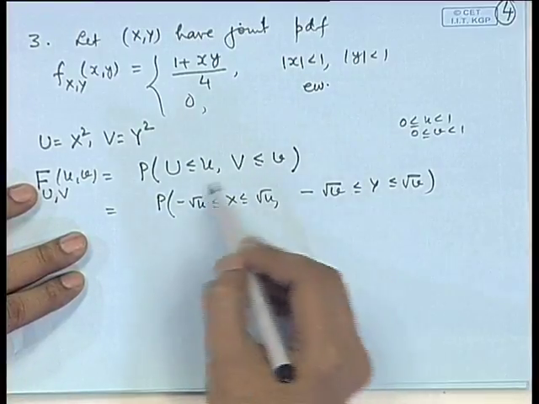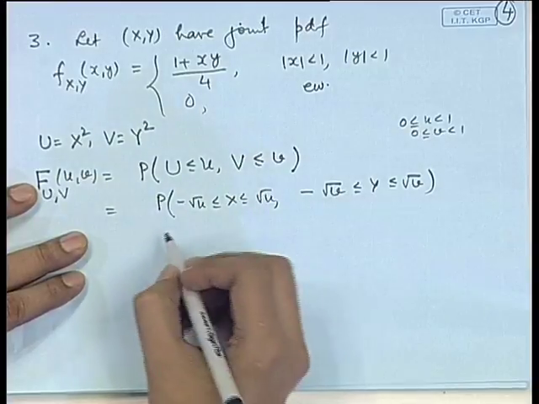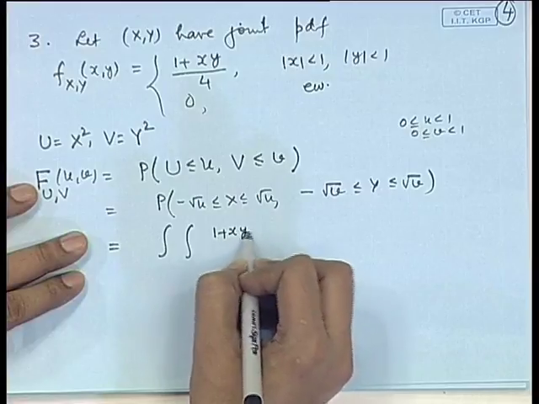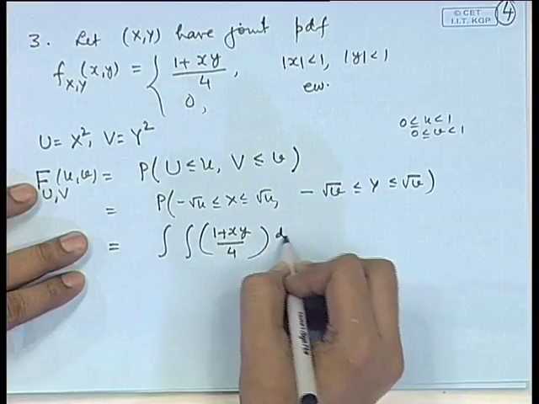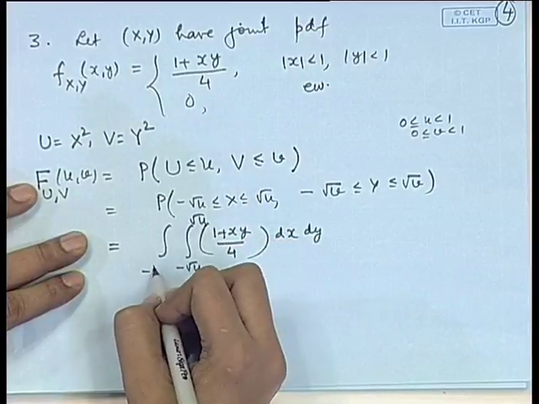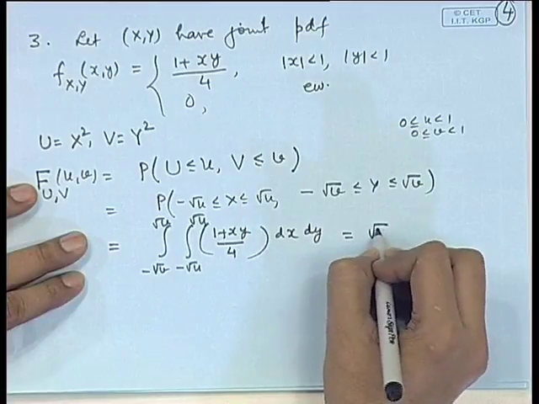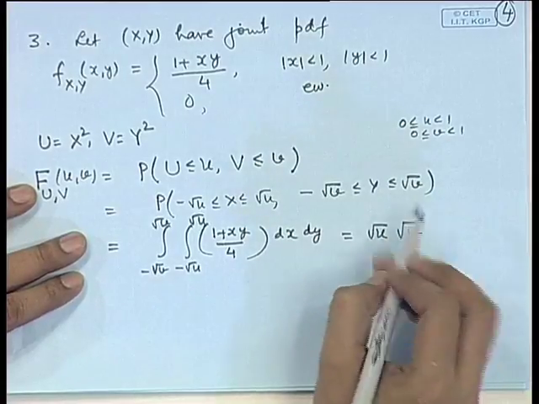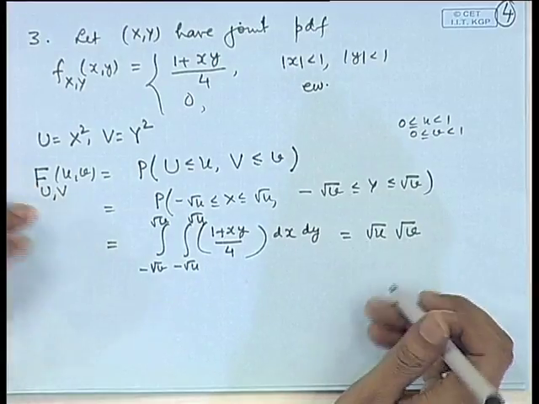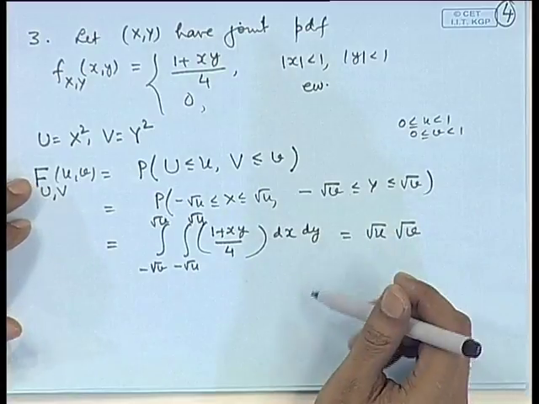So, this is nothing but the integration of the joint density over this region. So, that is integral 1 plus x y by 4 dx dy over minus root u to plus root u, minus root v to plus root v, and we can evaluate it to be root u root v. So, the joint CDF can be obtained. From here we can determine the density of u and v.